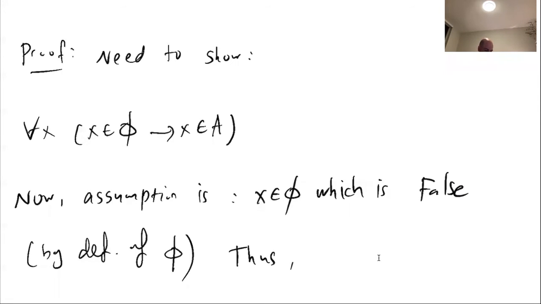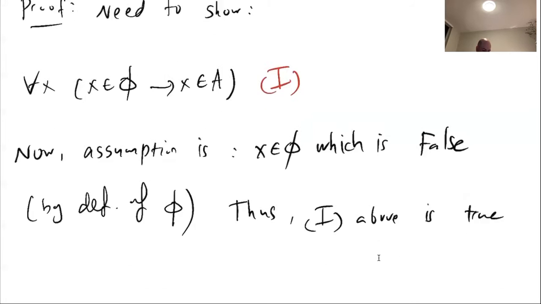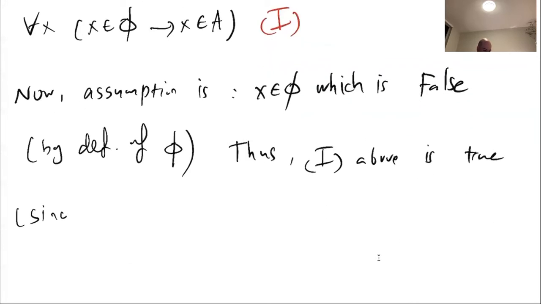So let me call this one star, or 1. Thus 1 above is true, since false implies true. False implies any statement, basically.